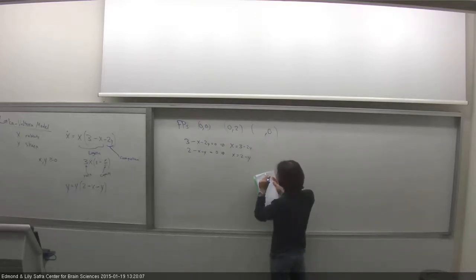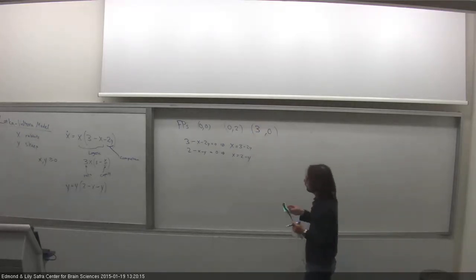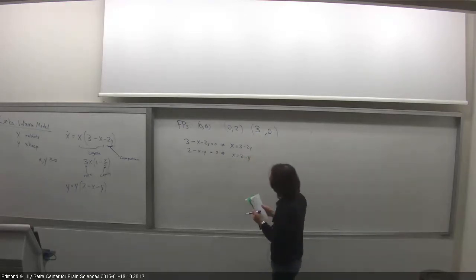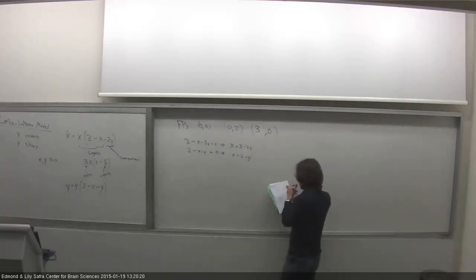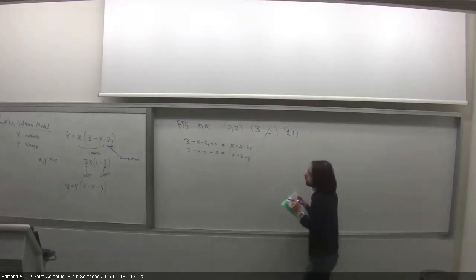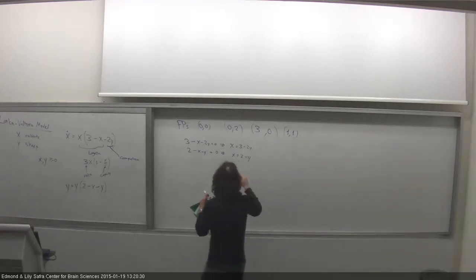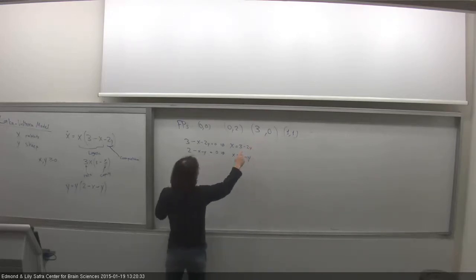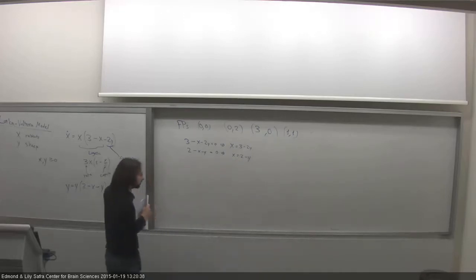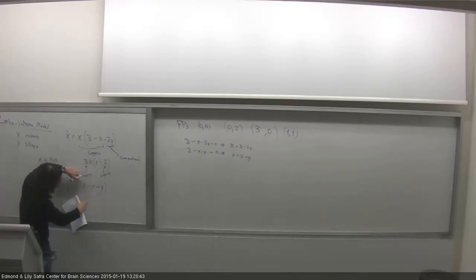Okay, I got confused. And then what if neither x or y are 0? Then we would combine these two conditions, and we would get 1, 1. If y is 0, no, this term does not have to be 0 because this is 0.